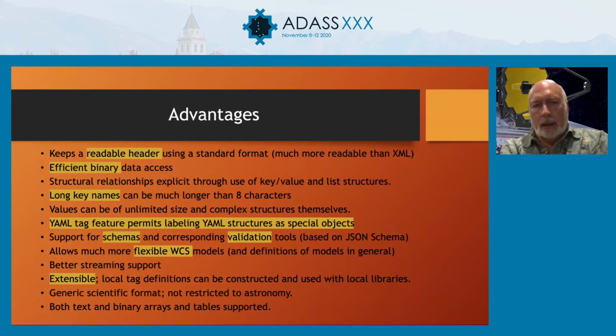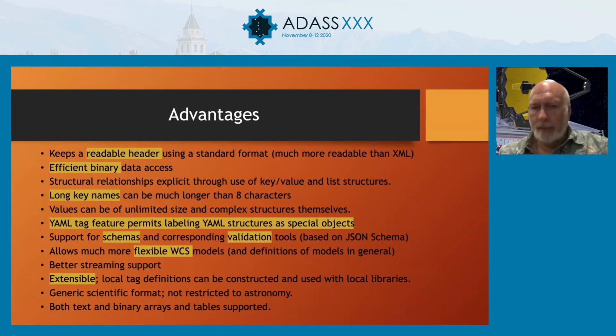And the tag feature allows the software, when it opens a file, to turn those particular substructures into objects in the language. So in Python, for example, those arrays are turned into NumPy arrays. In a different language, they could be turned into whatever the normal representation for arrays is in that language. And so we consider this a very powerful feature.